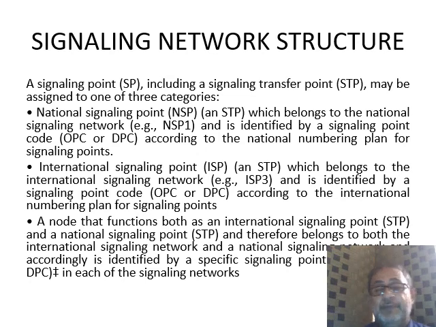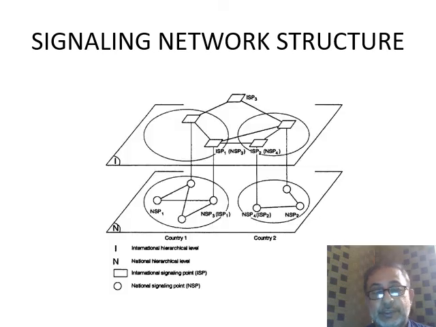Now we have another distinguishing factor between different signaling points, which are the national signaling points and the international signaling points. In this diagram, you can see different layers for that.